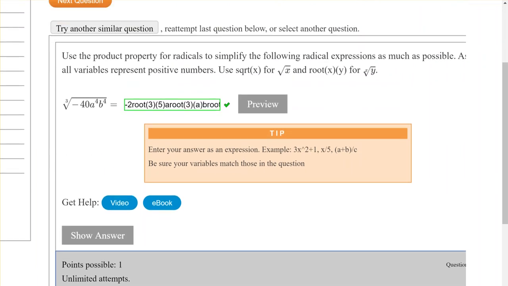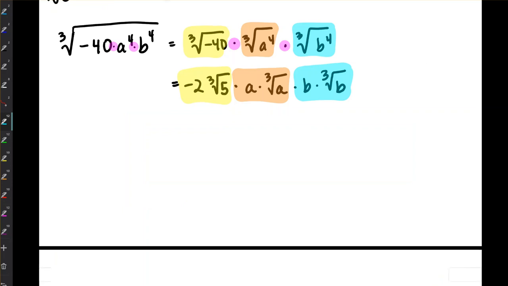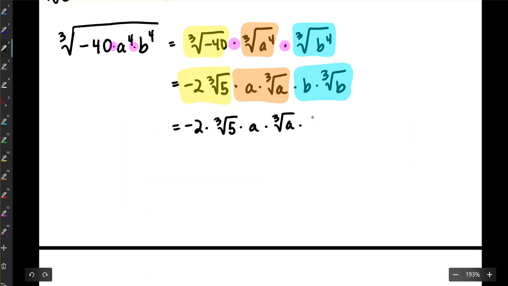Now I think we could make that answer look better, so let's go ahead and do that and then enter in the answer and see that that is accepted as well. I'm just going to rewrite this without color. -2 times the cube root of 5 times a times the cube root of a times b times the cube root of b. I'm going to lead with my numbers, -2, then times a times b, and then end with all my cube roots.